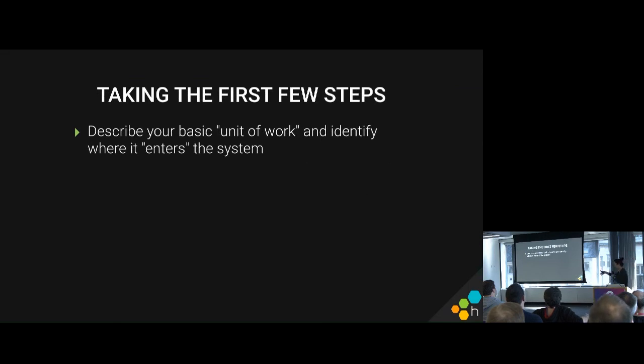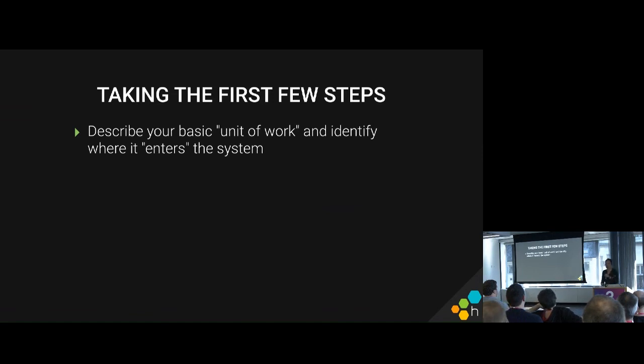So in thinking about starting to instrument, we typically start asking folks to describe what their system does and what their unit of work is, where it enters the system. For our web app example, a unit of work is an HTTP request. Maybe that's different if you're managing a pipeline or some other sort of shaped system.